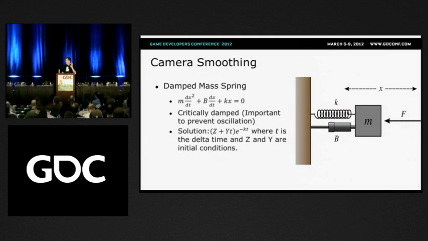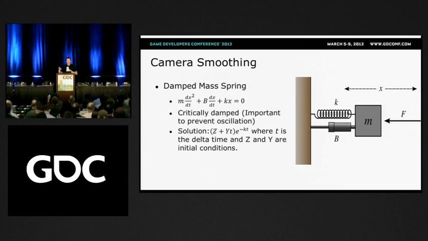Okay, so the left side is for programmers, the right side is for designers. The left side is the differential equation for our camera smoothing. All our cameras are kind of jerky. We figure out the ideal position of the camera, and we just put it there, which produces a lot of pops and bumps.